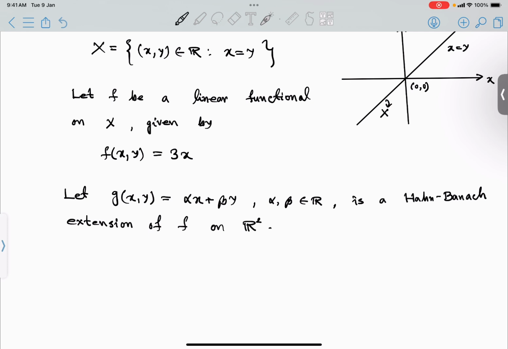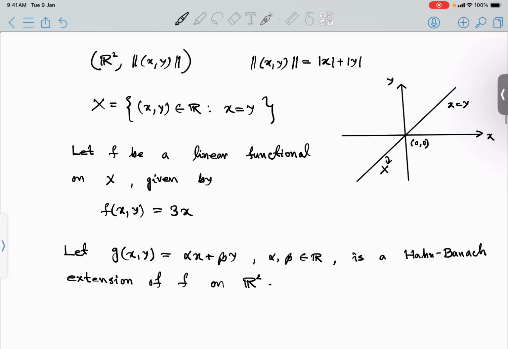So what is a Hahn-Banach extension? It says that if a functional is defined on a subspace, then you can extend it to the whole vector space with the norm preserved, that is, a norm preserving extension.